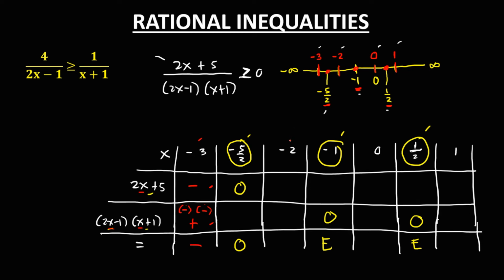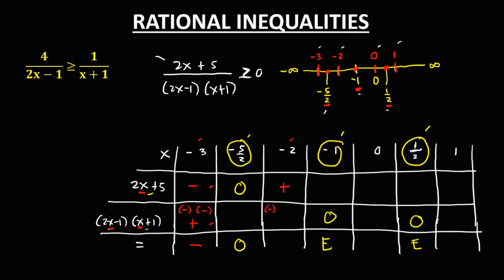Then for x equals -2, 2 times -2, that's -4. And -4 plus 5, that's +1. So this one is positive. Then for x is -2, 2 times -2, that's -4. And -4 minus 1, that's -3.